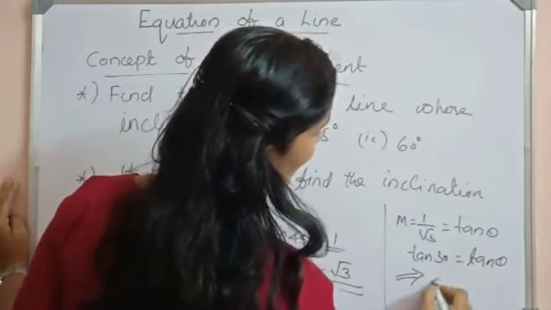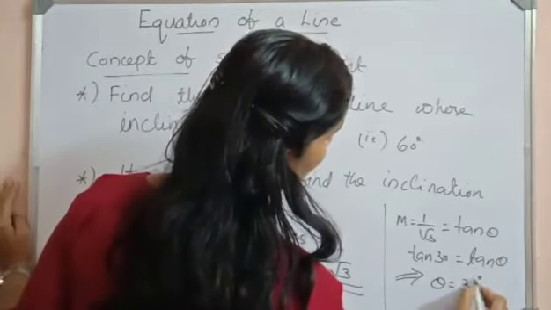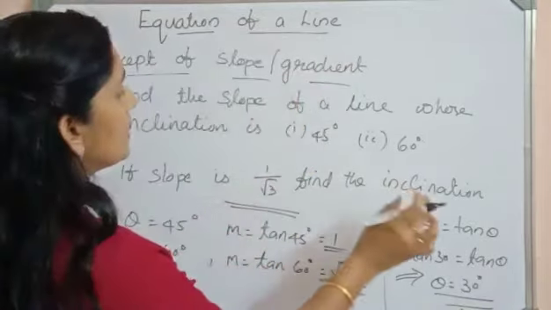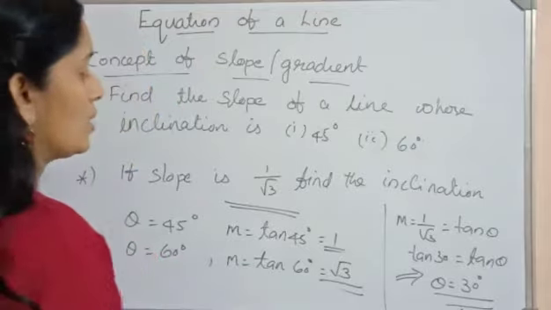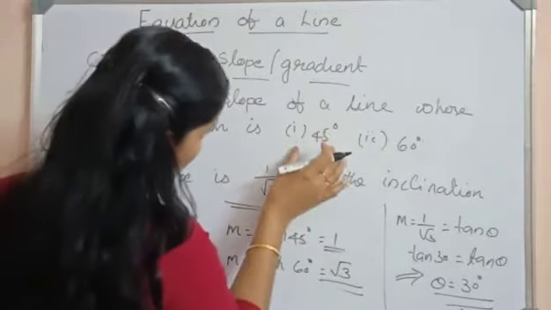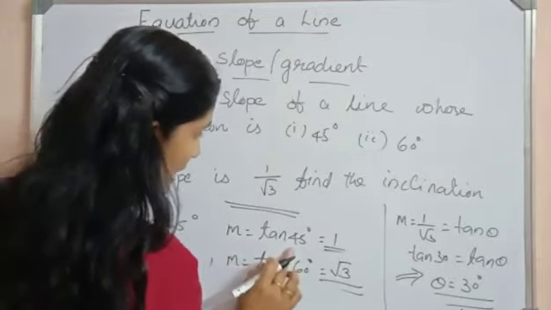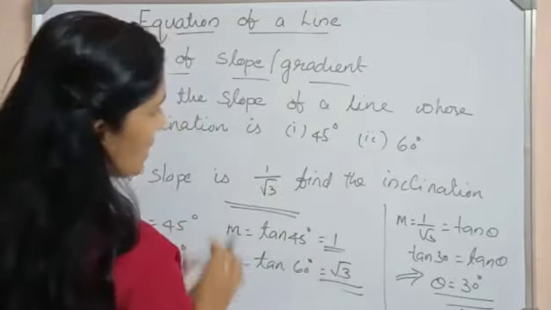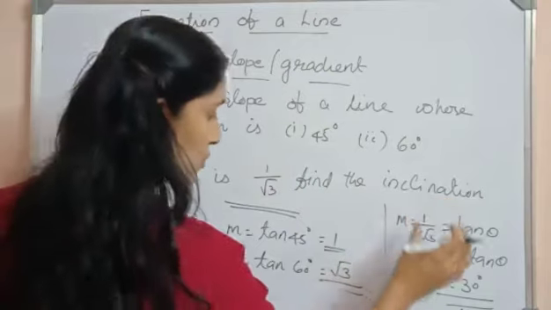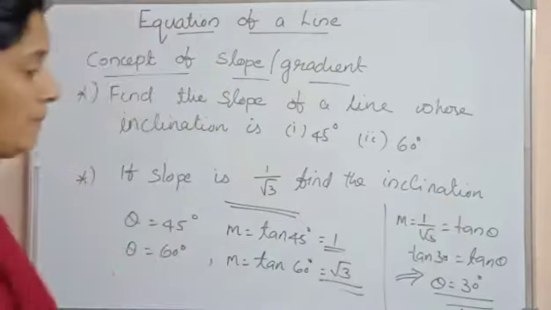This implies theta is equal to 30 degree. That means the inclination is 30 degree. So whenever the inclination is given, we can find the slope by using the formula m is equal to tan theta, and whenever the slope is given, we can find the inclination by using the same formula itself.